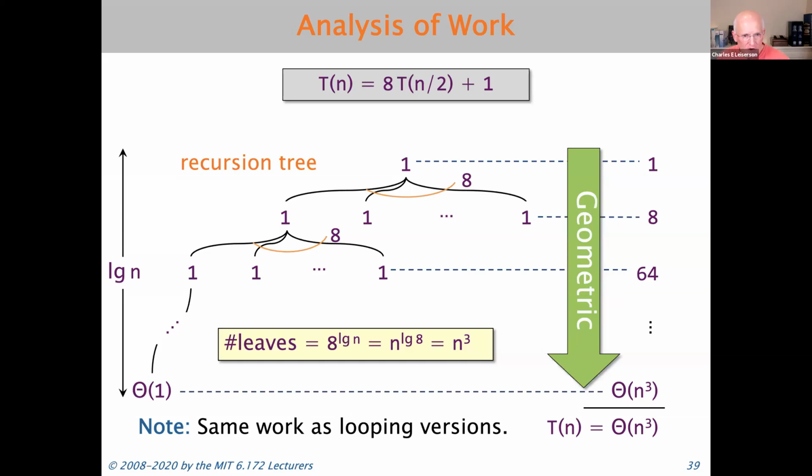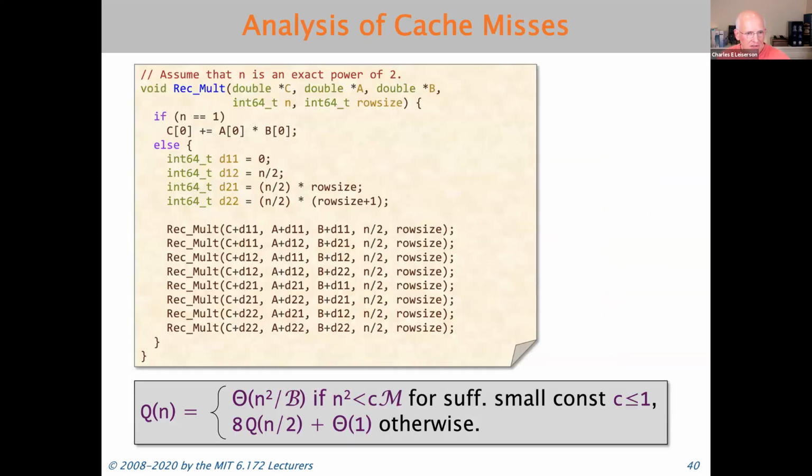Now let's take a look at cache misses. Now we get a recurrence that's similar here. The recursive case, the second line, is Q of n is 8Q of n over 2 plus order 1. That's the same as we got before, but the base case is different.